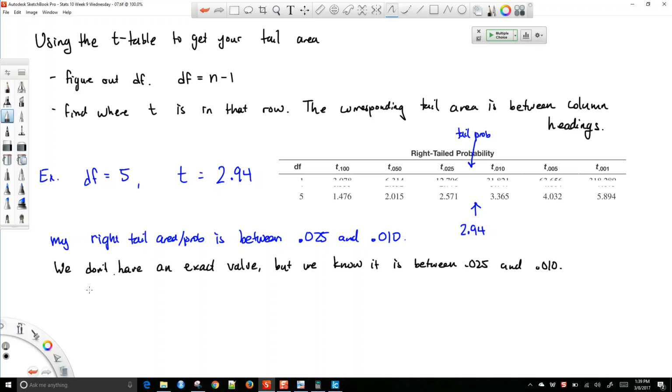If we have a negative value, then you just ignore the negative sign, but you switch the word from right to left. Okay, so let's do another example. We'll say degrees of freedom is equal to 4, and t is equal to negative 2.3.